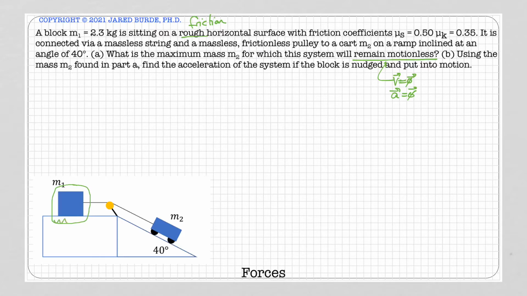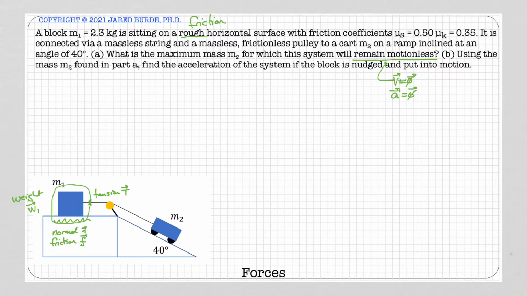I have a point of contact with a surface, and whenever I have a surface, I know that I have a normal force, and I also have a friction force. I have a point of contact that's a rope. A rope carries tension. Those are all my points of contact. We also have the weight of the object, and I'll call that W1 for block 1.